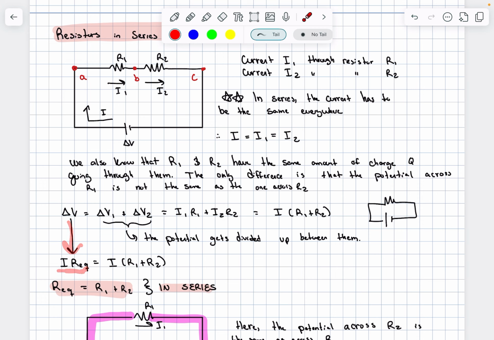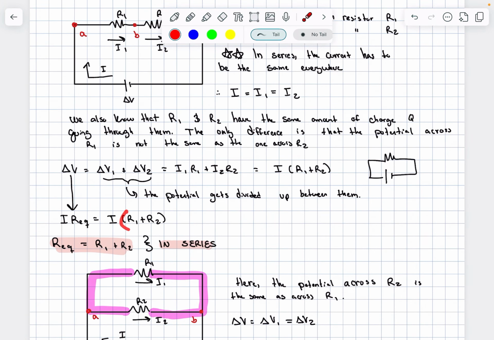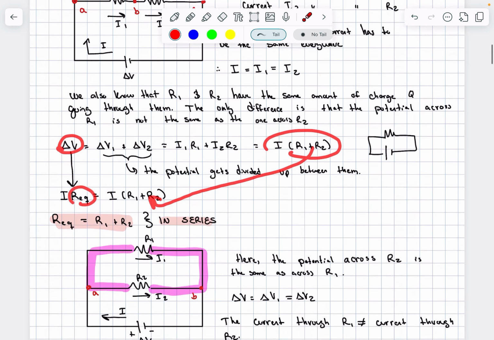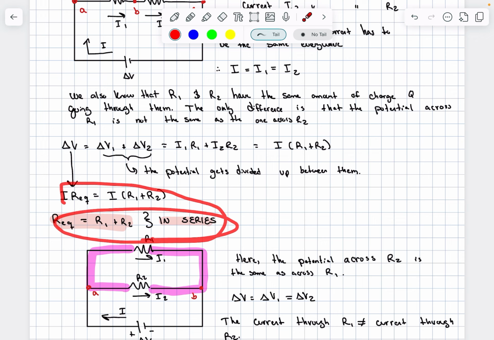So the delta V across here is equal to I R equivalent is equal to I times R1 plus R2, right? Because this is literally taking this, looking at this, and saying, well, that is our equivalent. So when we add up our resistors when they're in series, we just add them up like this.